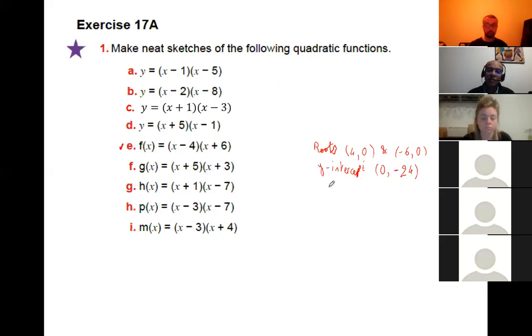So axis of symmetry, we said we've got the sum of the roots divided by 2. They start to get very slow. So we've got symmetry: you've got 4 minus 6 divided by 2.